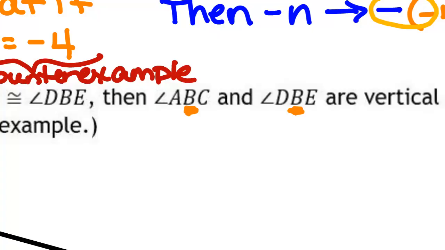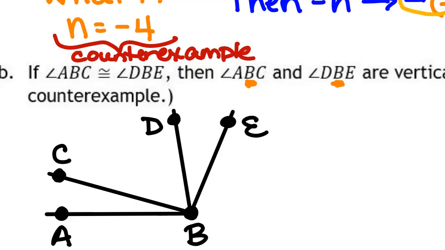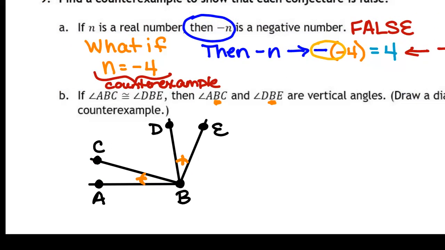They both have a vertex of B. So B has to be the vertex for angle DBE, but it doesn't share any of the other same points. So I can have an angle that looks like this. I can have D here and E here. Angle ABC is congruent to angle DBE, but they are not on opposite sides of the X. So this would be my counterexample.